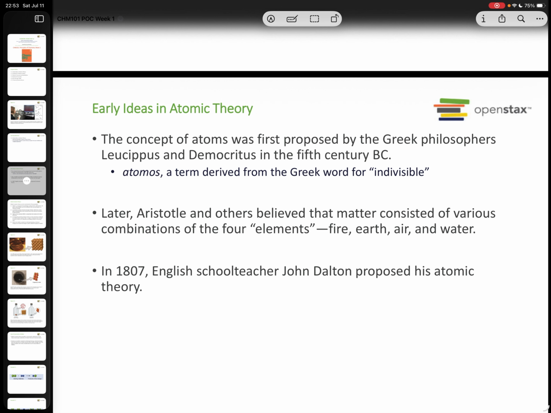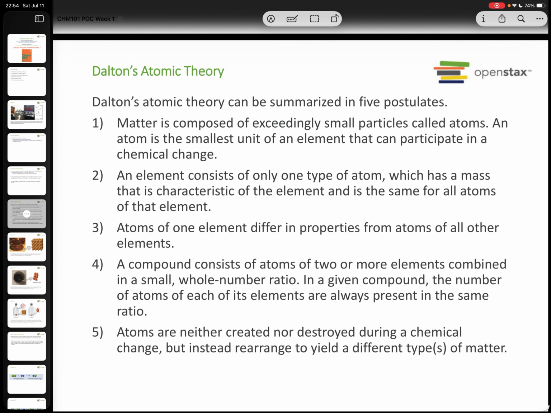So Dalton's atomic theory can be summarized in 5 postulates. So first, matter is composed of extremely small particles called atoms. So second, an element consists of only one type of atom and those atoms have a characteristic mass. So yung tandaan nyo. So third, atoms of one element differ from atoms of other elements.